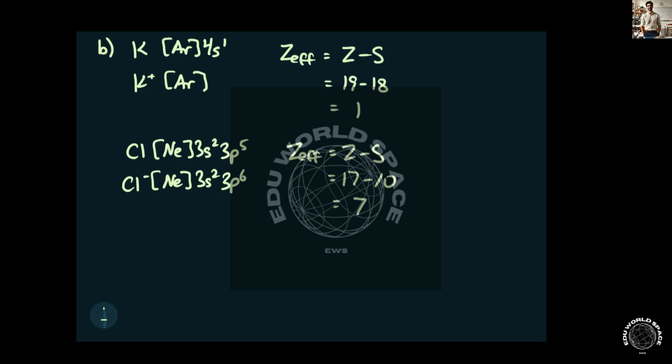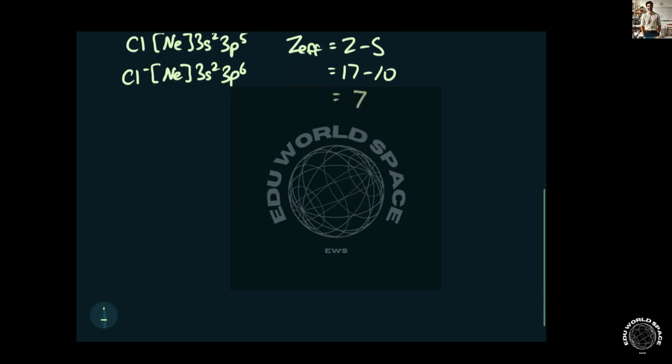Now let's use Slater's method to calculate the effective nuclear charge. So for C, let's calculate the effective nuclear charge of the potassium ion.